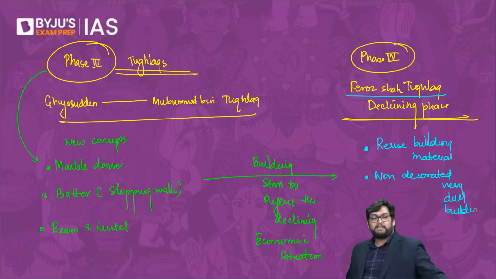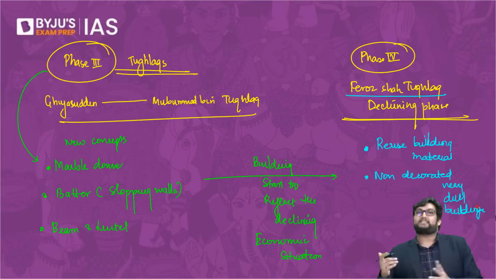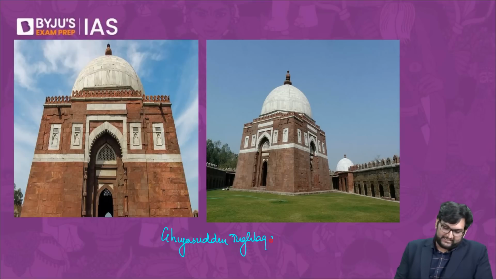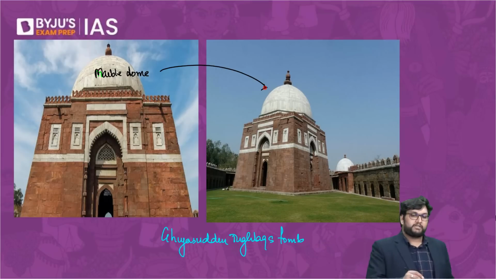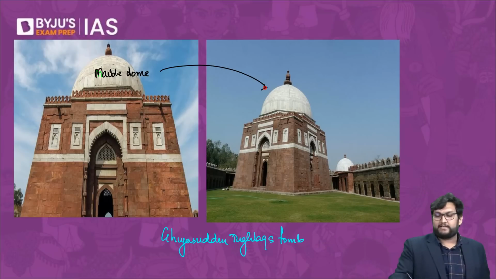This can be seen vis-a-vis a contrasting image of Ghiyasuddin Tughlaq's tomb, which has the iconic marble dome. And further, if you see, these walls are not straight.